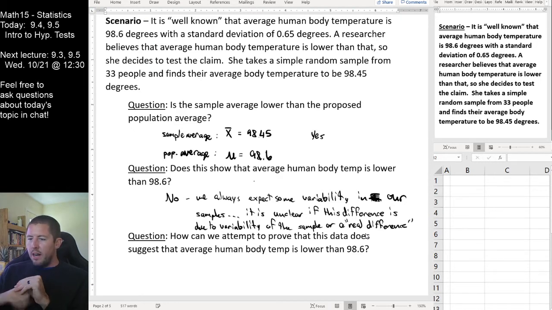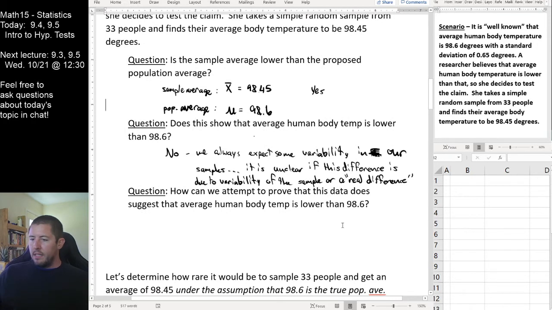So our next question here: how can we attempt to prove that this data does suggest that average human body temperature is lower than 98.6? And our answer is, let's determine exactly how likely this is.